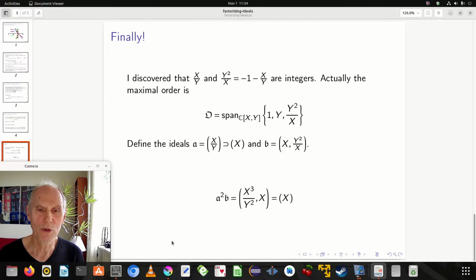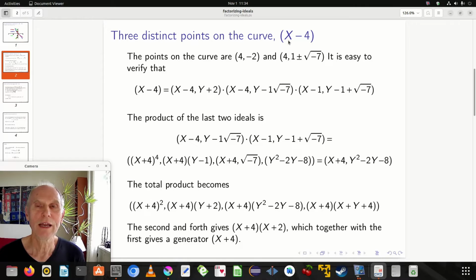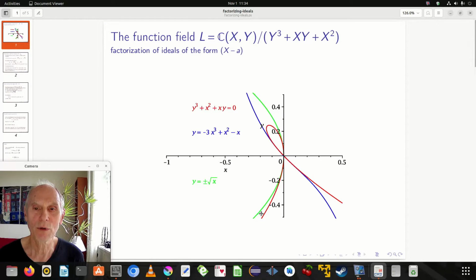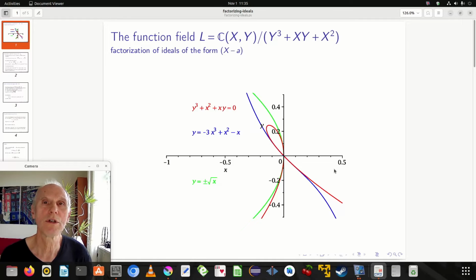So I wondered what we could do. And when we take x minus 4, which we can then split into 3 ideals, and we can do that because in general we'll have 3 solutions to this equation, and x equals something. It's a third degree equation. So that means that x minus something must have degree 3. On the other hand, y plus something or minus something, well, we'll generally have 2 solutions. So that means that y must be of degree 2.